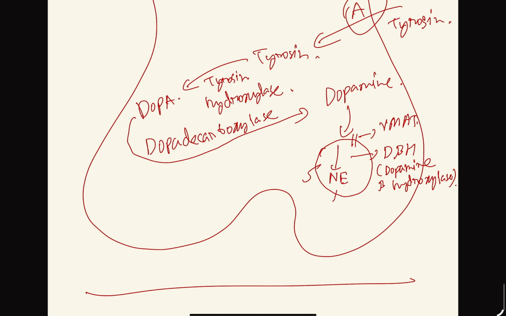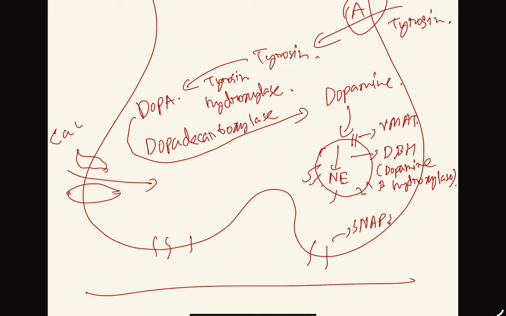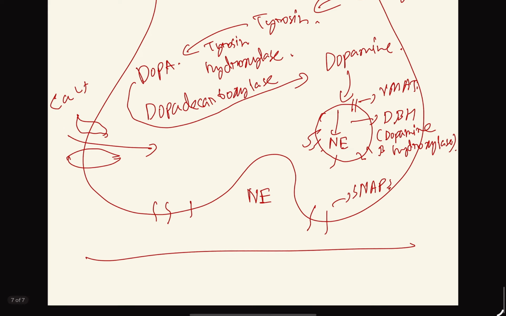There is also the synaptobrevin molecule, and there are also the SNAP proteins, and when calcium enters the nerve terminal, it causes fusion of the vesicle with the membrane and the norepinephrine is released into the synapse.